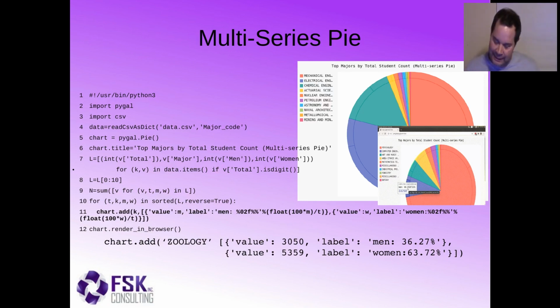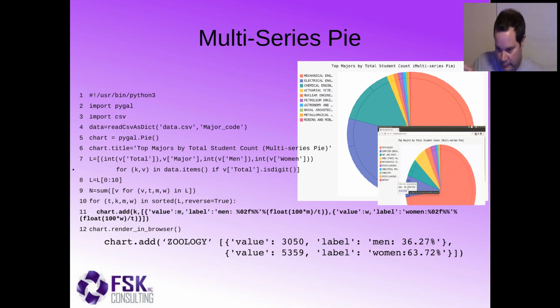This one's a little different because it's a multi-series pie. You notice that it's a pie chart, except on the outer ring it's got a line segment distinguishing between the sub-values, or subcategories, is probably the term I would use.